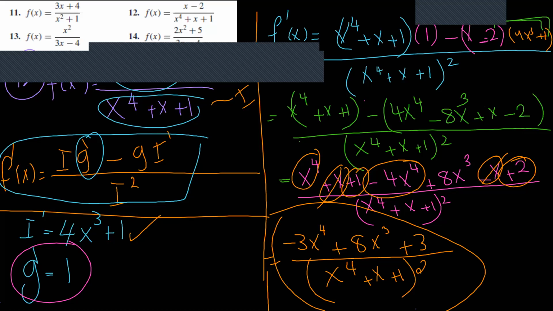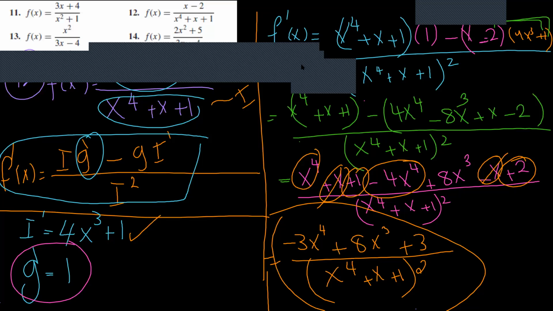Let's now solve number 13. Now, number 13. In number 13 here, you have f of x equal x squared over 3x minus 4.